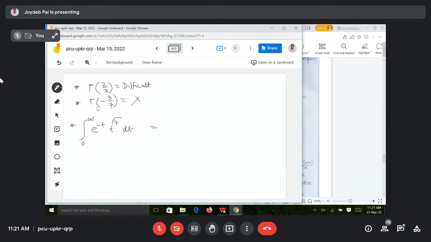If you think of this as alpha minus 1, then what is alpha? 8. Yes, so it is the integral from 0 to infinity of e to the power minus t, t to the power 8 minus 1, then it is gamma 8. And it is an integer, so the value of gamma 8 is 7 factorial.